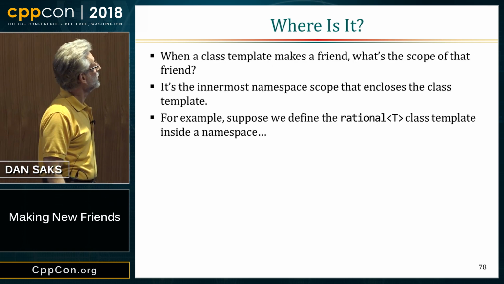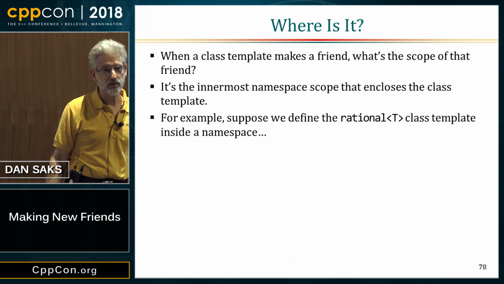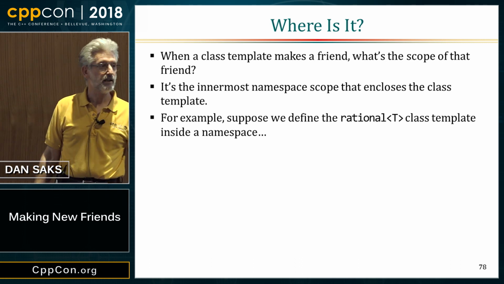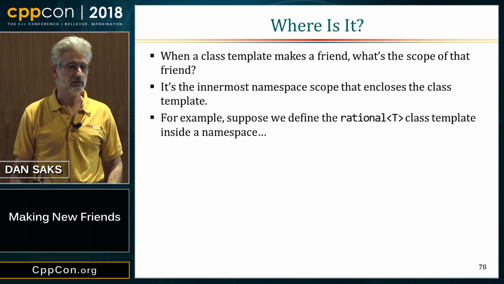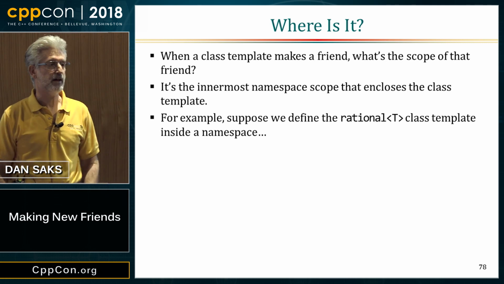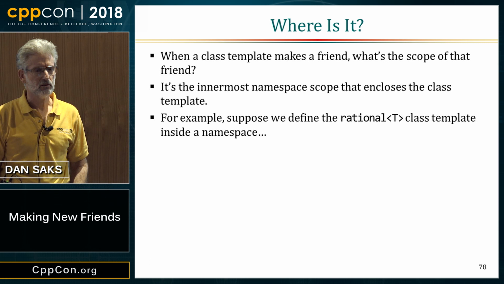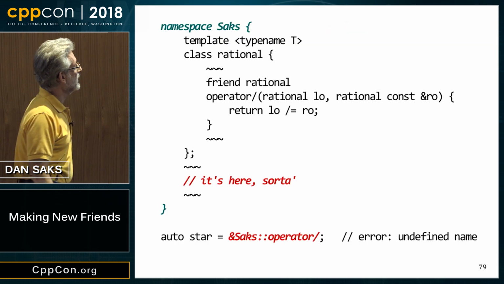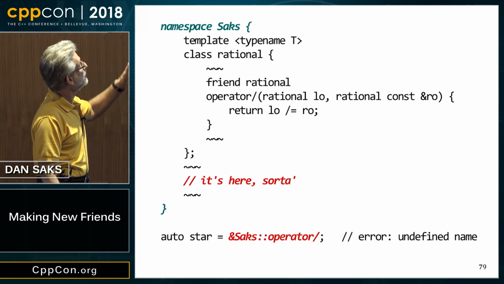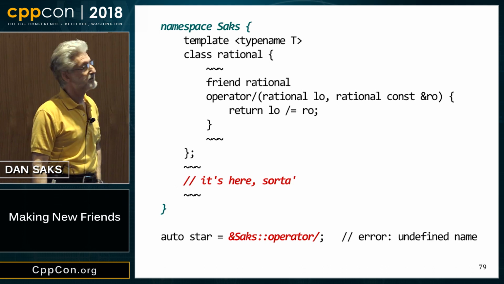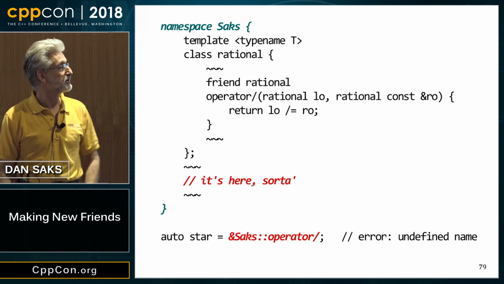Now, just one last thing that I want to point out, which I think is interesting. When you instantiate rational for a type T, the compiler is manufacturing this friend function. Where's it putting it? In what scope does it reside? Friends have a very interesting behavior. To drive the point home, I've now wrapped the rational class inside this namespace called sax.